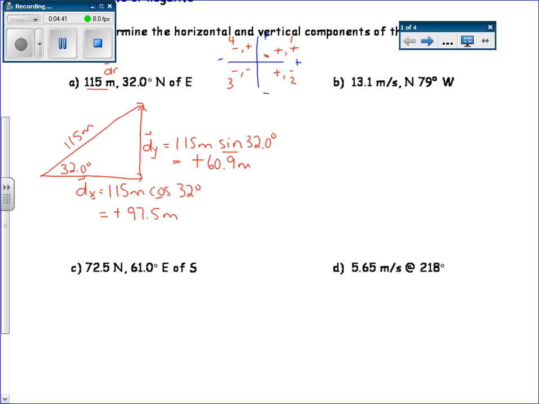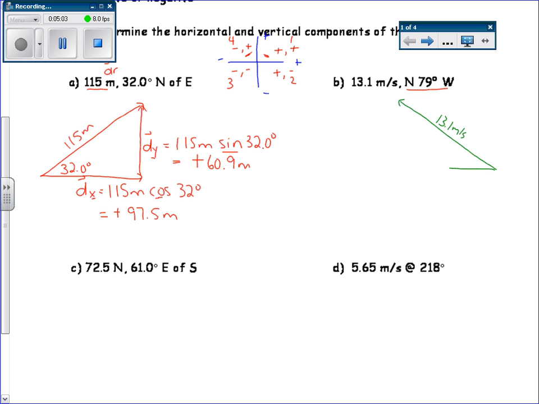So example B here, 13.1 meters per second at 79 degrees north of west. So north of west is in quadrant 4. So that's drawn this way, sort of in the symmetric direction as the other one. This is 13.1 meters per second.